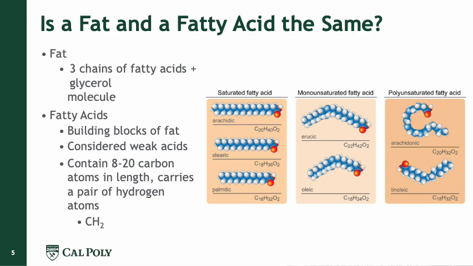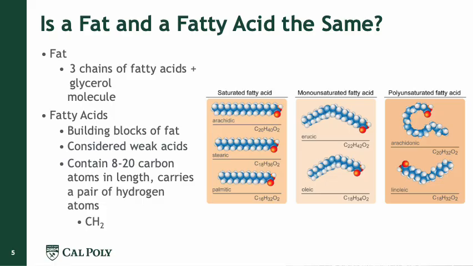Fatty acids are the building blocks of fat. They are considered weak acids, and they contain between 8 and 20 carbon atoms in length, and they carry a pair of hydrogen atoms, and this is the CH2 group.